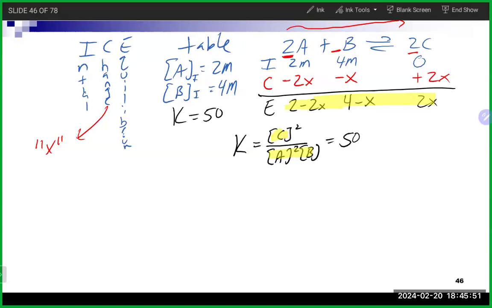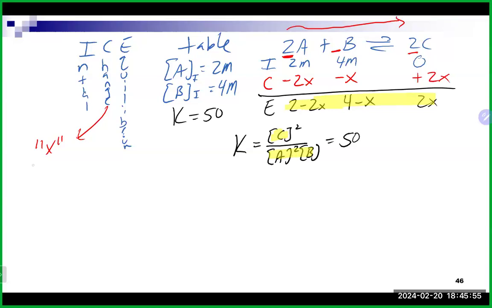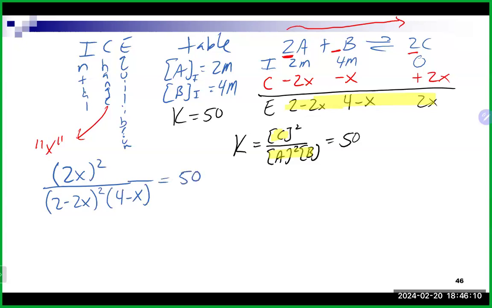So if we were going to do this crazy one, which we're not going to finish, you would put in 2x squared divided by 2 minus 2x squared times 4 minus x, which would equal 50. And at this point, you would do some fun math, and basically we would solve for x.